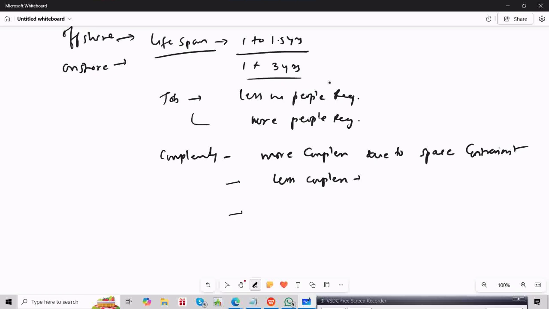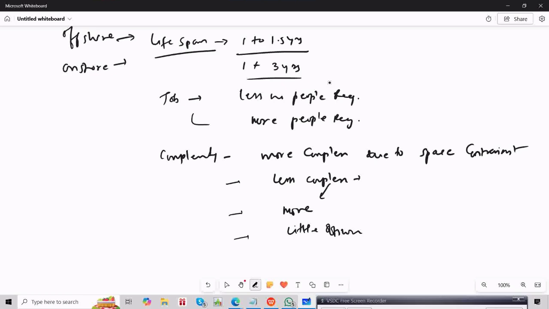Salary wise, offshore is more because of the complexity, and in onshore it's similar but a little less than offshore. Understood?